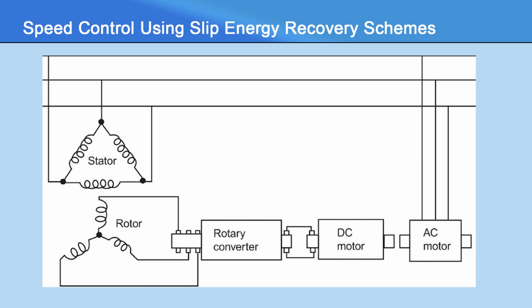In this method, power flows from the motor to the line via the DC link, and therefore only speeds below synchronous speed are possible in the case of a static Kramer drive.